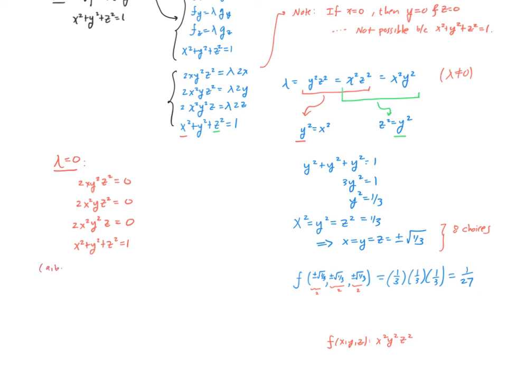So this could be satisfied by points of the form a, b, and c, with 1 or 2 of a, b, and c being 0. And I don't have to be any more specific. There's a whole bunch of possibilities, but note, regardless of any of those possibilities, if a, b, or c is 0, what is our associated function value?